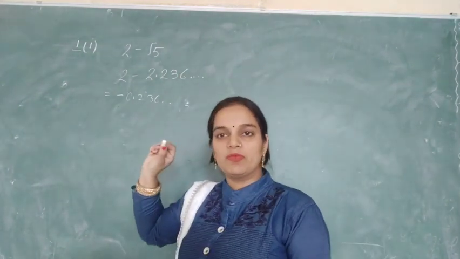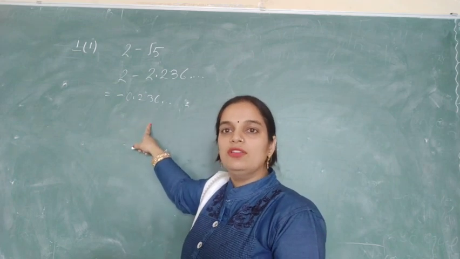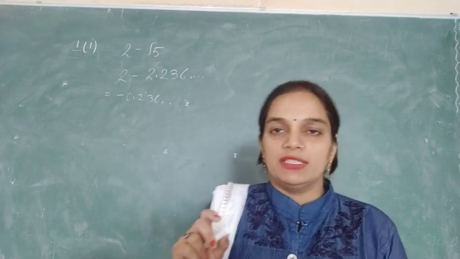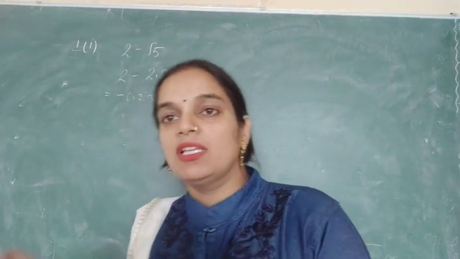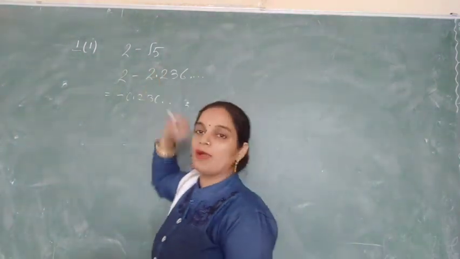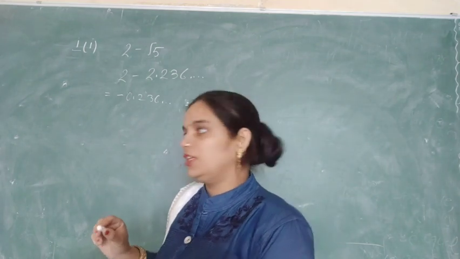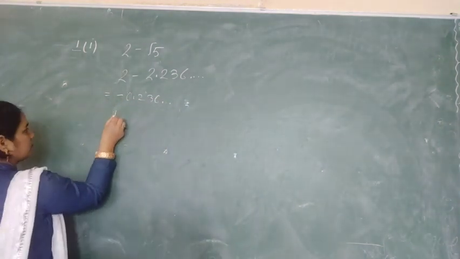We see here the value is again non-terminating and non-repeating, so we will say the given number, 2 minus root 5, is irrational.